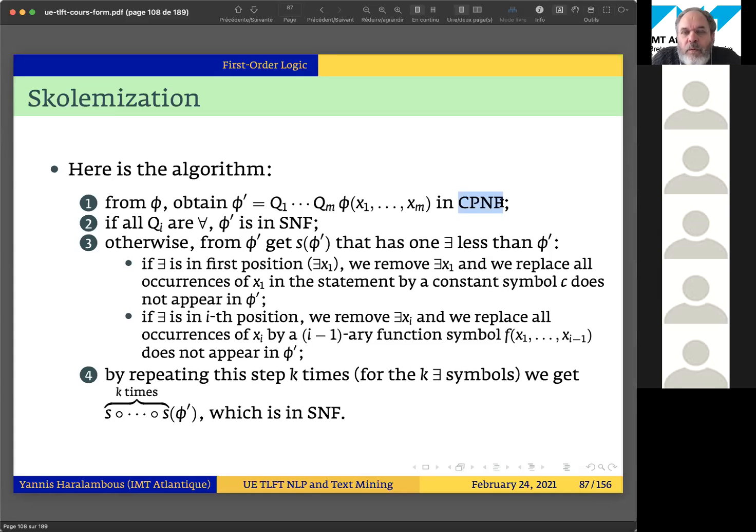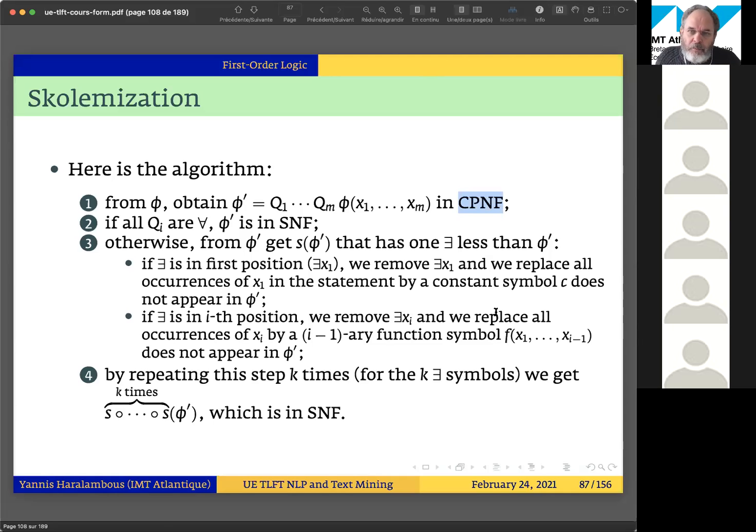Now, if my existential quantifier is not at first position, it means that the variable is a function of the previous variables. Remember, when we say for all X there exists a Y, then this Y depends on the X we have chosen.